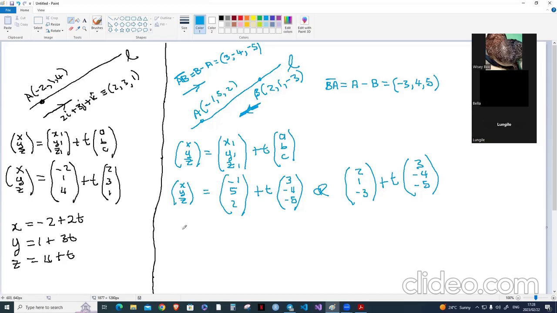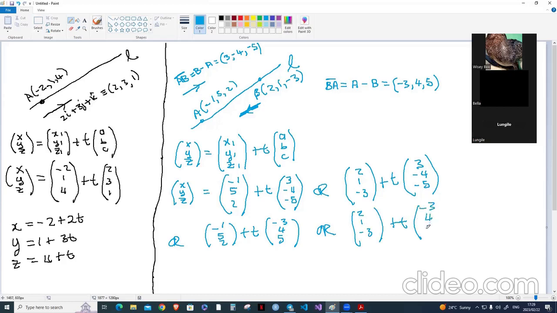So someone else could have said (-1, 5, 2) plus t(-3, 4, 5), or (2, 1, -3) plus t(-3, 4, 5). But yeah, that's how you approach this one.